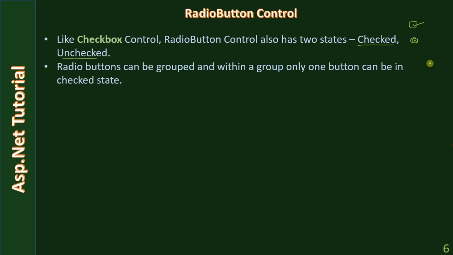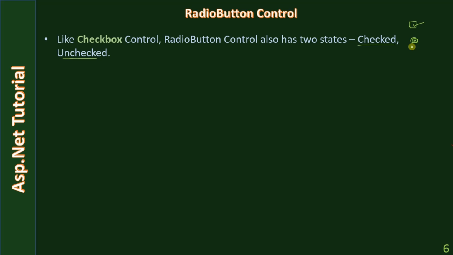So if your form contains multiple checkboxes, you can freely select any number of checkboxes. This means you can select more than one checkbox. But radio buttons come in a group.